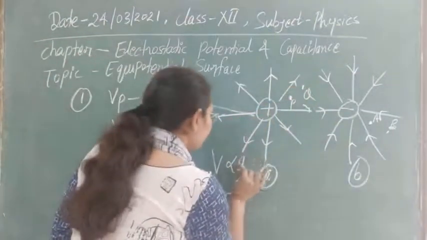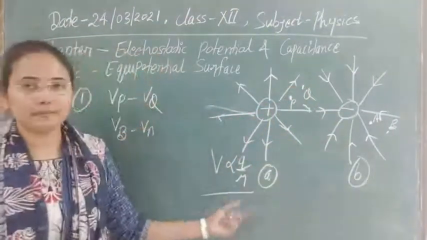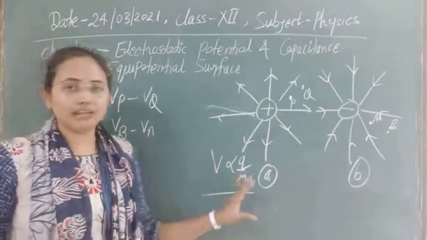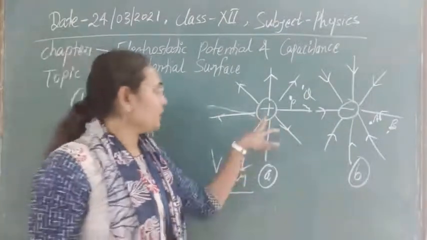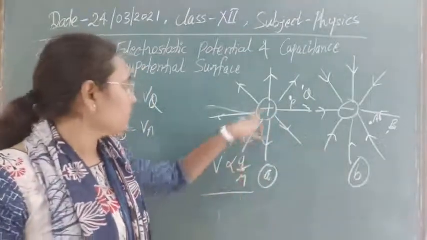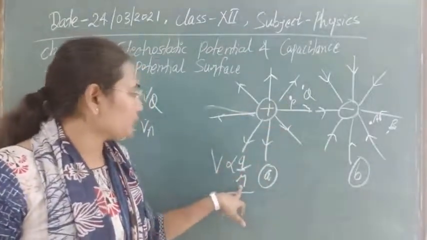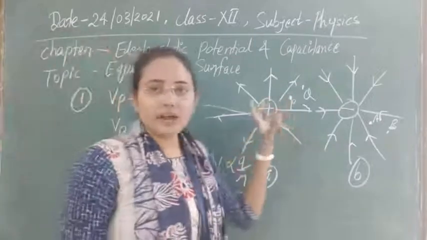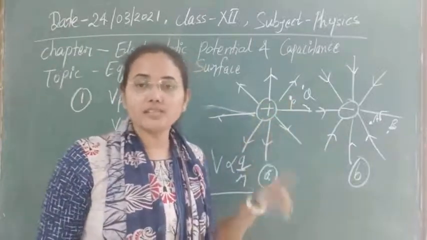One more thing, let me write Q by r. Suppose this positive charge is of strength Q, and the potential is inversely proportional to r. If r is greater, then the potential will be less.